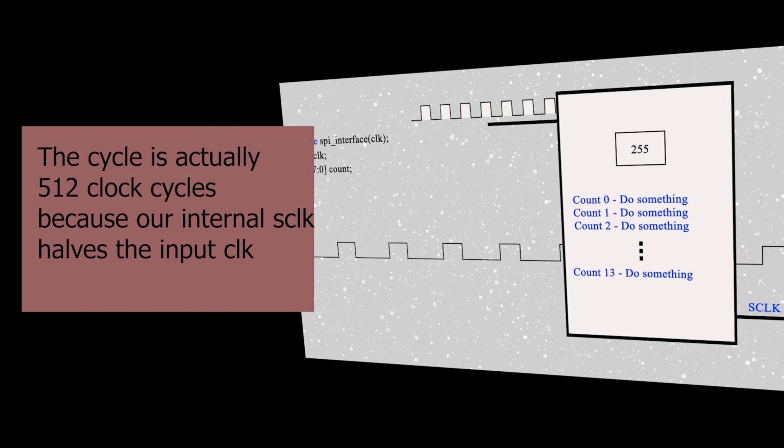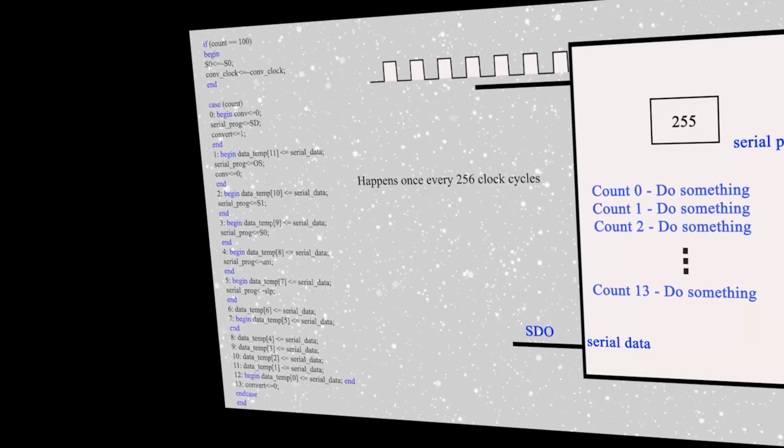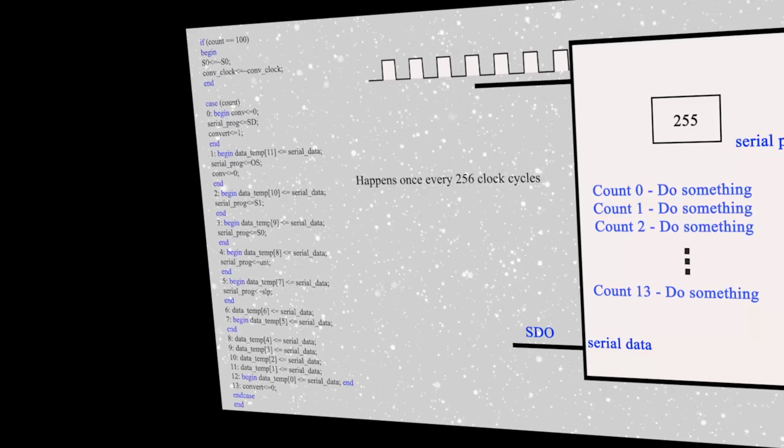The next tricky aspect of this code is looking at how we pick off these bits one by one. This code is a bit more complex, and the first thing I'll say is at the top here, every time count is 100, we will change the value of S0. What that does is it changes the channel. You can see that from the table.